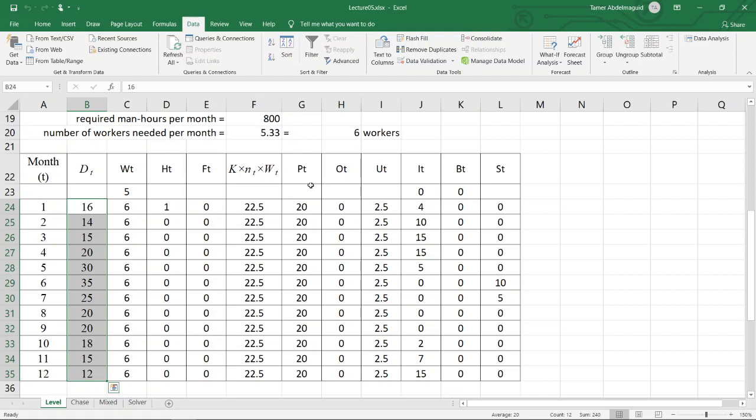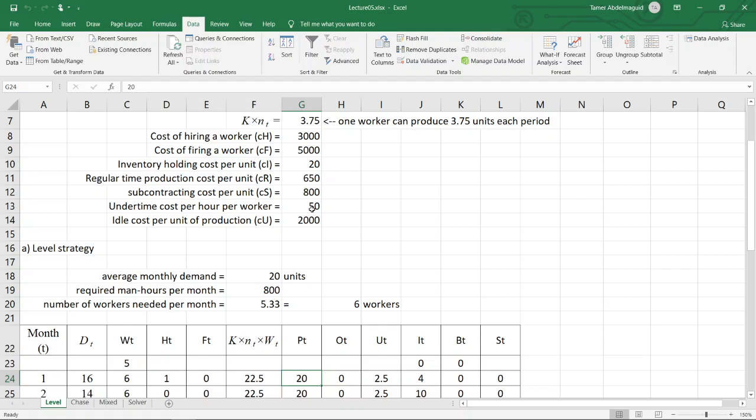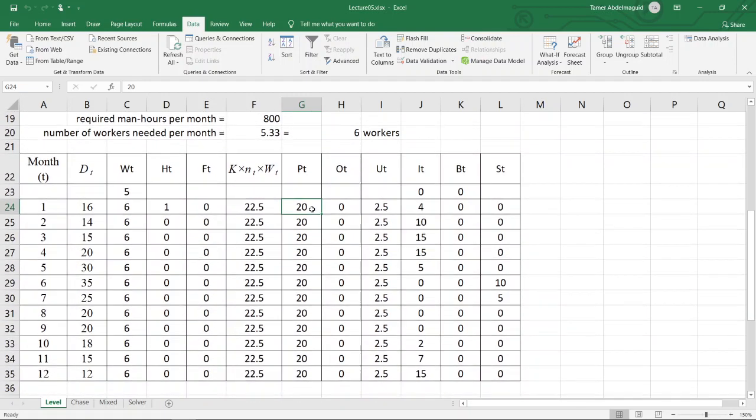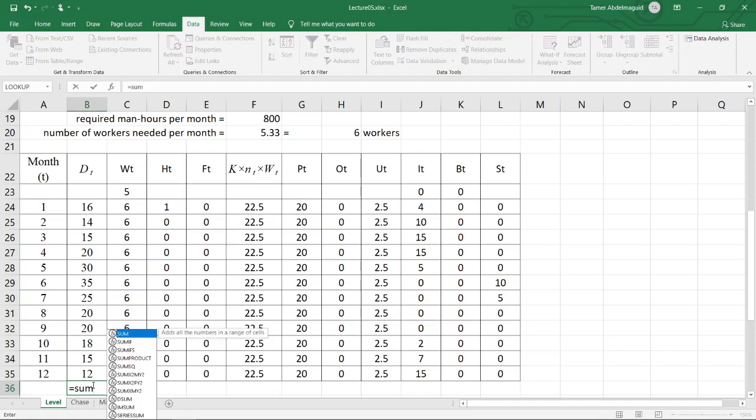So let us see here. In order to do that, remember the summation of the total demand that we have here in our model. If you sum up the values here, let's see, it equals the sum.